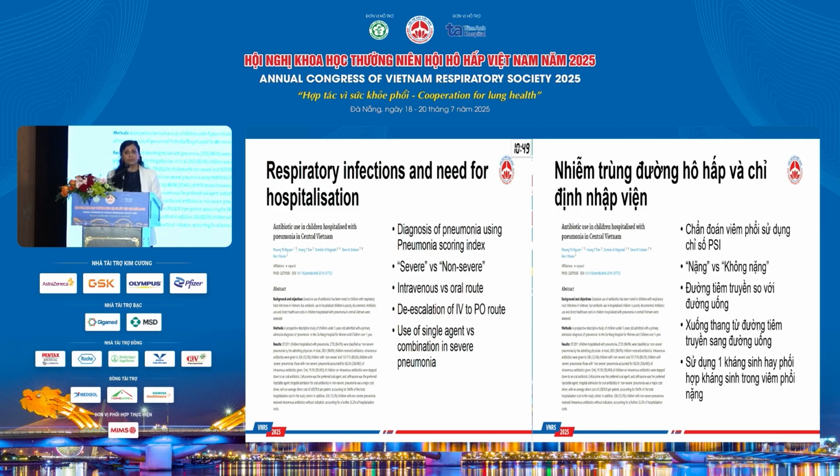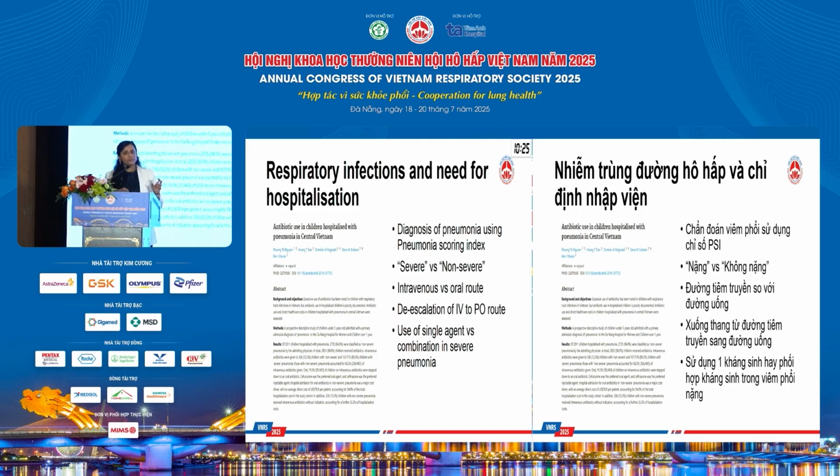So the final thing I wanted to say is that another issue we see in infections in hospitalized patients is that it can sometimes go on for longer, or a more severe approach is taken. Diagnosis of pneumonia in hospitals is variable. The use of scoring index or severity indexing tools is not standardized.